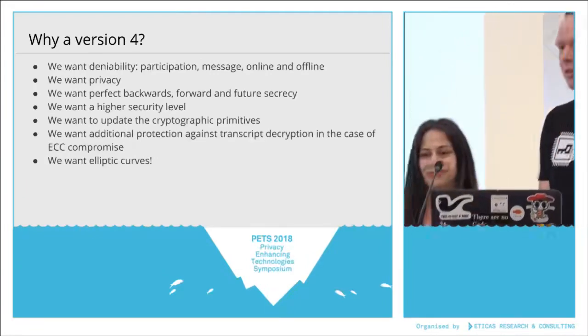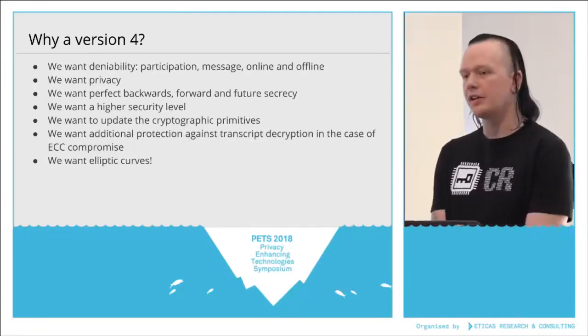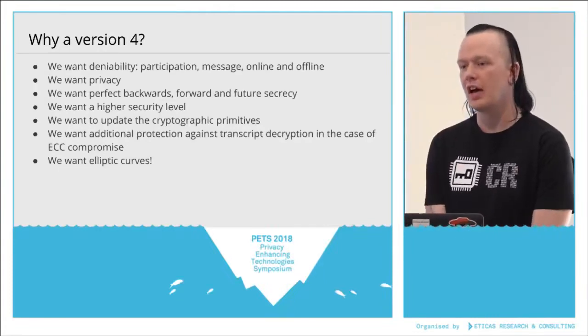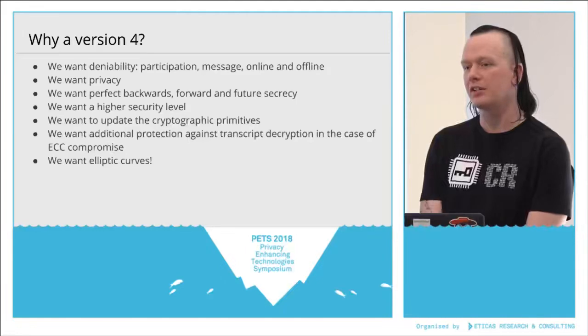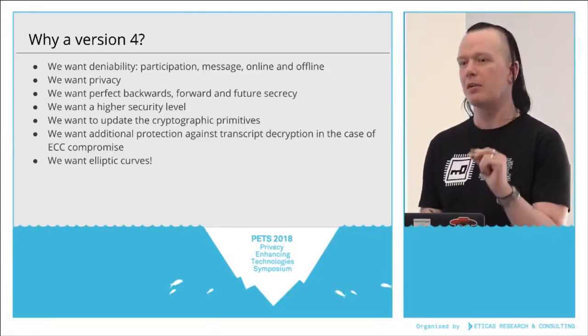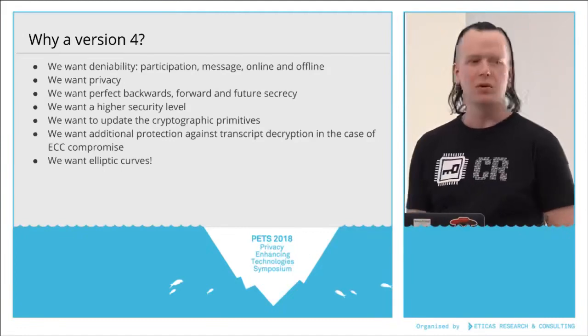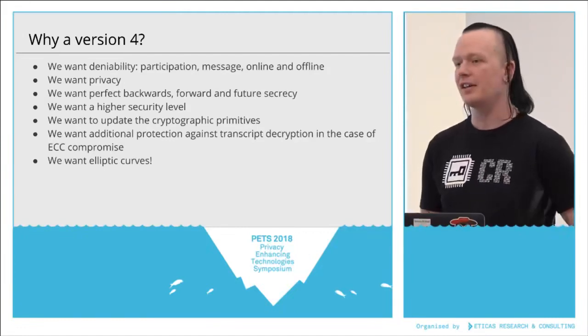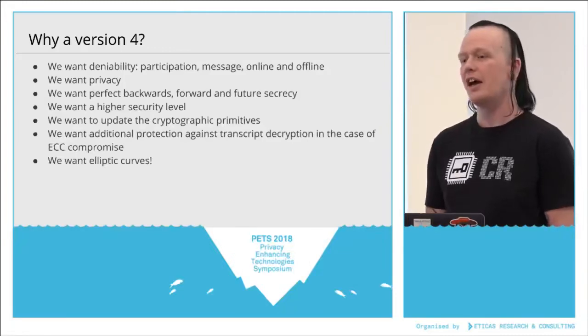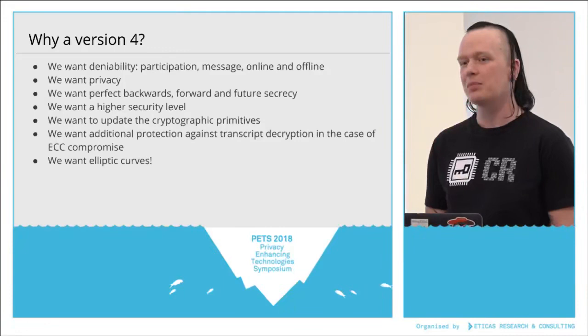Right, so when we started working on OTR version 4, there were a lot of different things we wanted to achieve. We started out thinking very small: it would be nice to have elliptic curves and maybe change some of the domain parameters a little bit. But then, of course, Nick came and created some very interesting new AKEs, and he kept improving them.